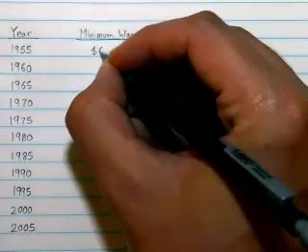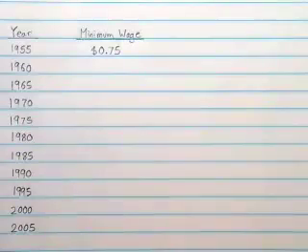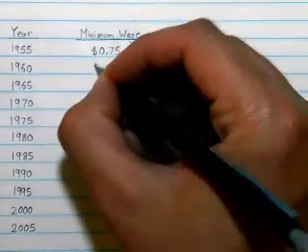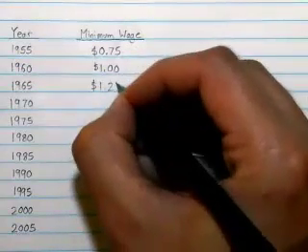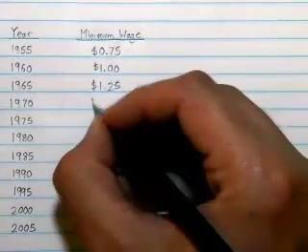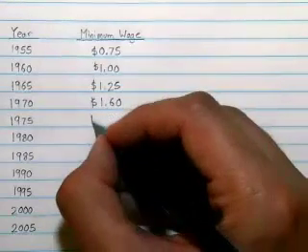So in 1955, the minimum wage was 75 cents an hour. And then in 1960, it was up to $1. $1.25. Bless you. $1.60.